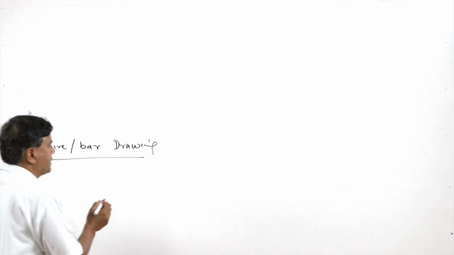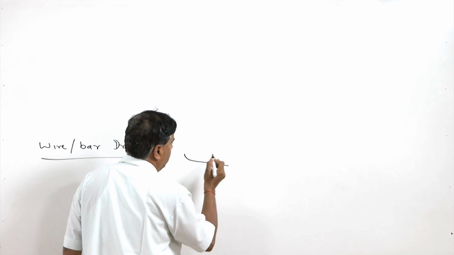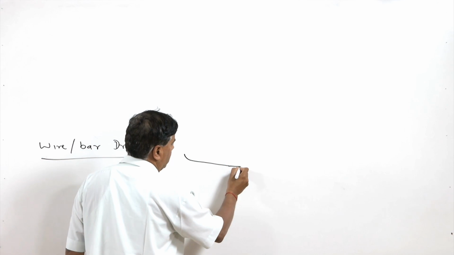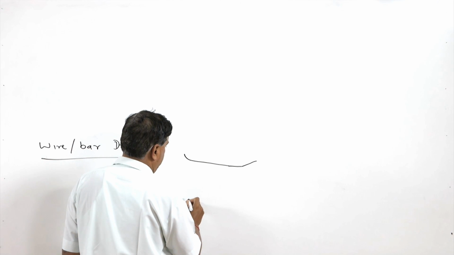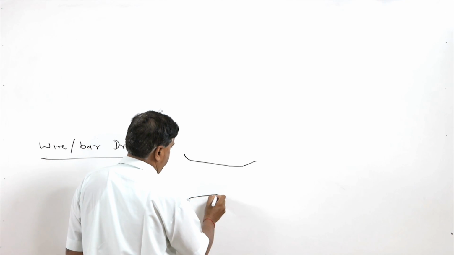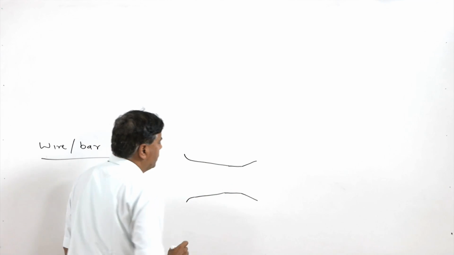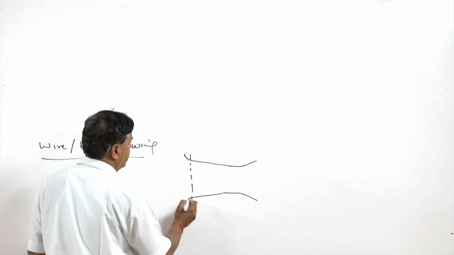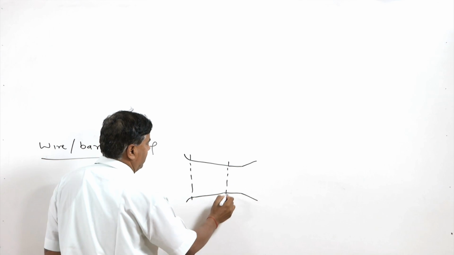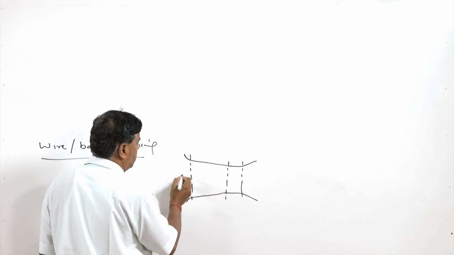For this purpose it uses one typical die like this. Here if we see, there are a few sections: this is the first one, this is another one, and this is the third one. So, there are 4 zones.